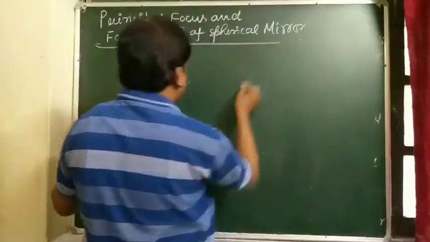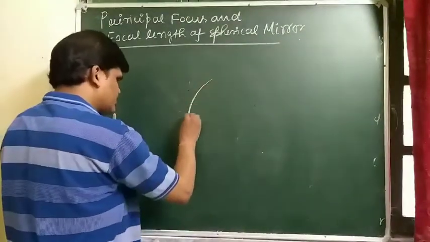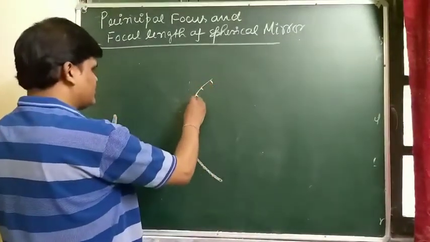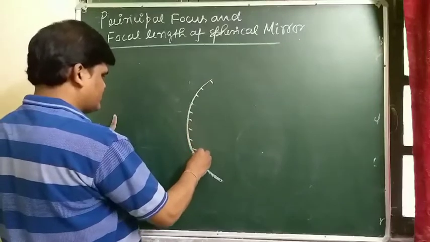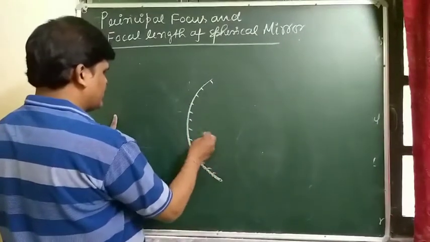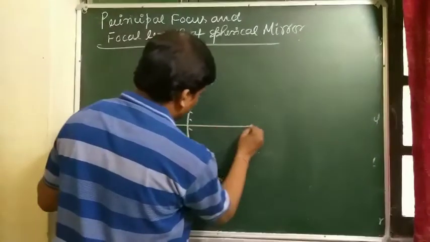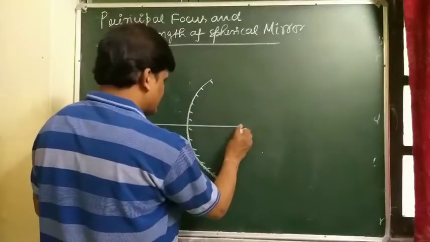Next, in case of a convex mirror. For a convex mirror, already you know that in the case of a spoon, reflection is taking place from the outer portion, away from the center of the sphere.